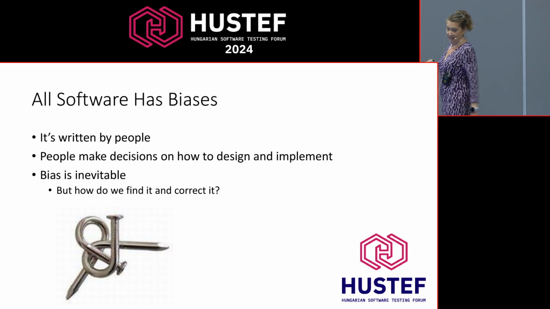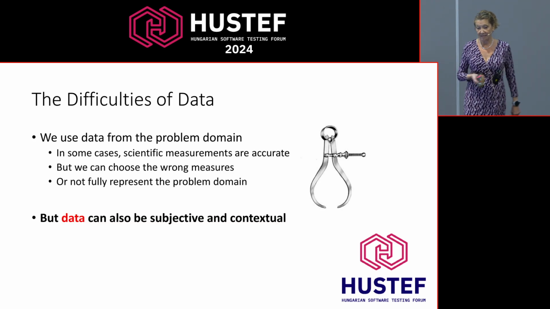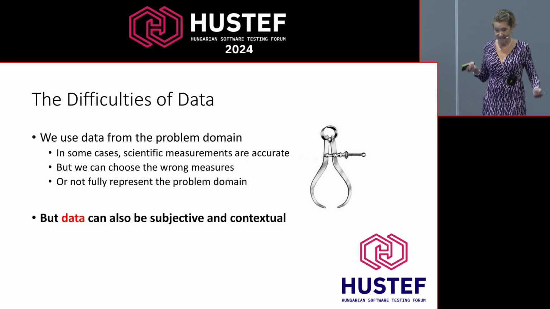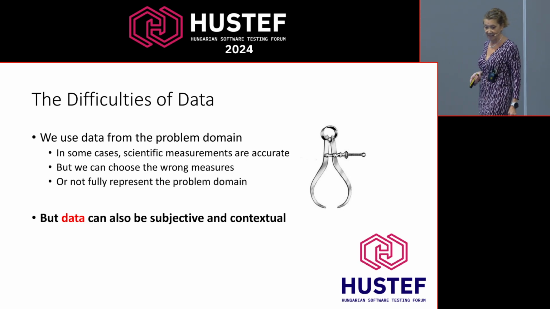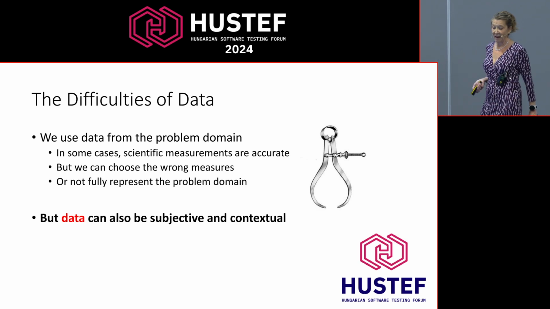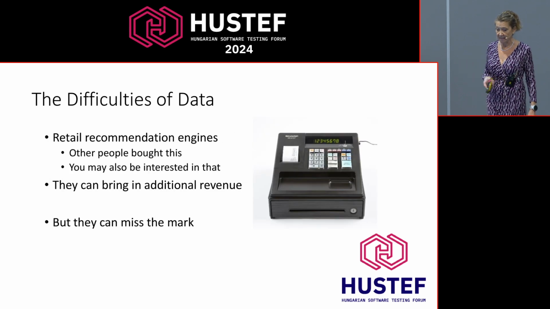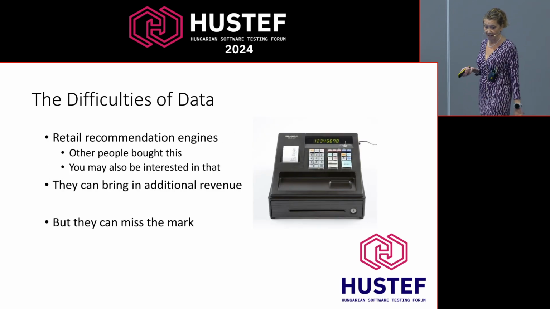So now we have to be able to test it. Our data, it's difficult. We're selecting all different data, but we still may not get it right. We have to really watch the subjective and contextual nature of our data. Recommendation engines. Well, here's another story for you.